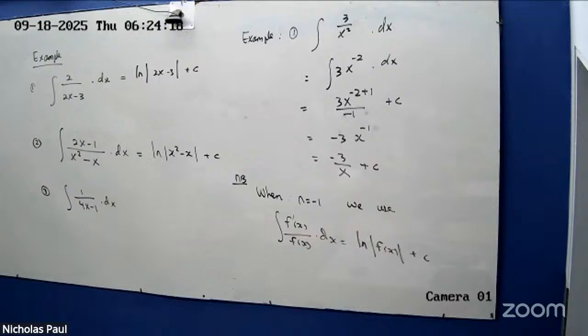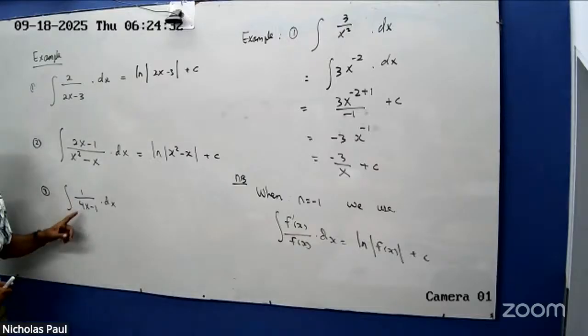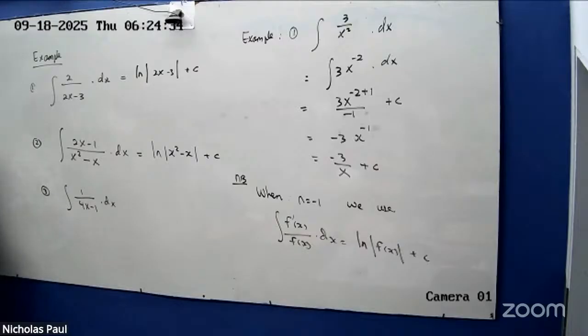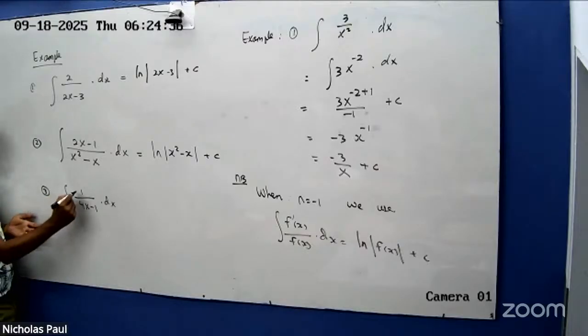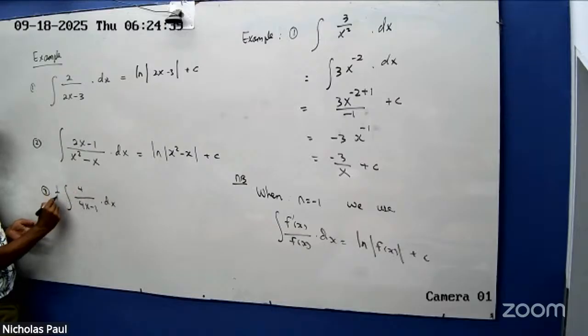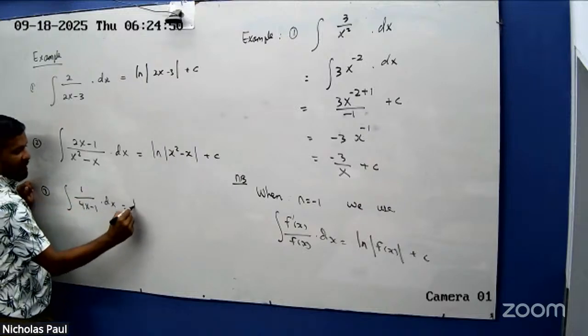Think about number 3. Can I use the rule for number 3? No, why? If I write 4 here, can I do that? Yeah? Same thing, right? Same thing to what I originally had, right? So I could do something like this.